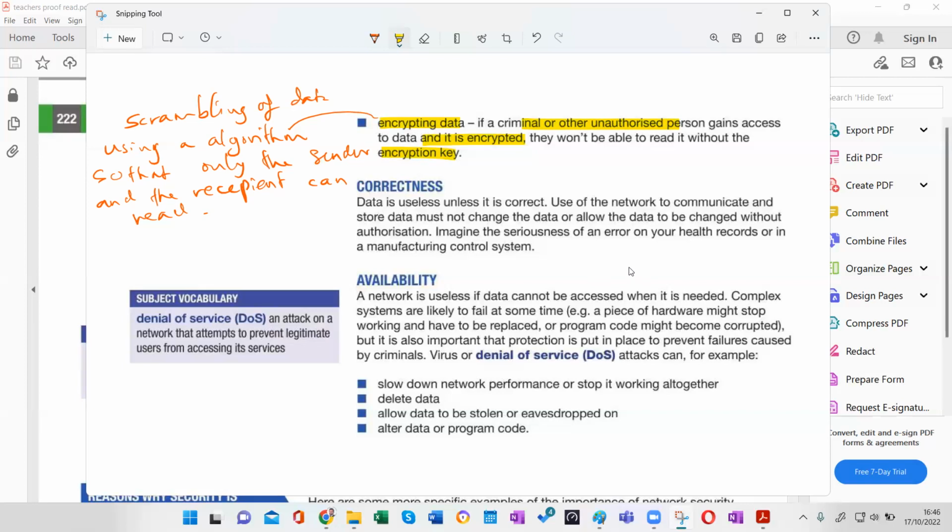Okay, great. The two types of encryption you learned for ICT: symmetric key encryption and public key encryption.